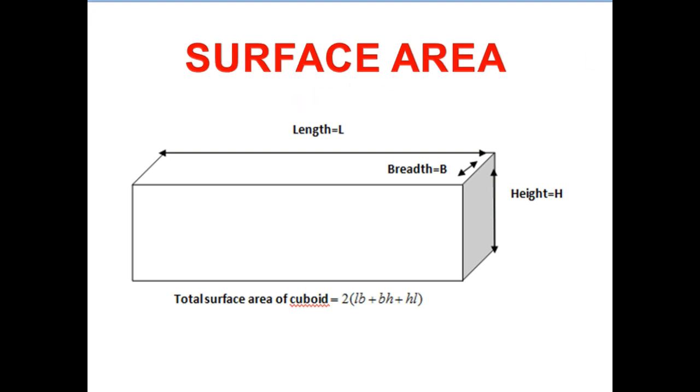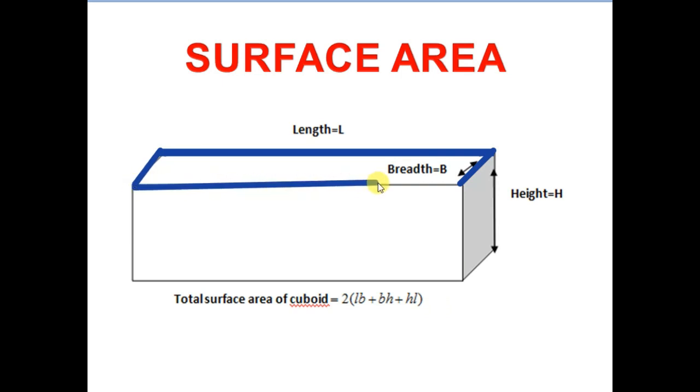Over here, you can see that this is your length, and over here this is your breadth. So this is known as the surface area. If you multiply the length by the breadth, you will get this surface area.